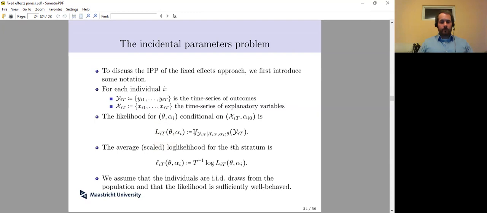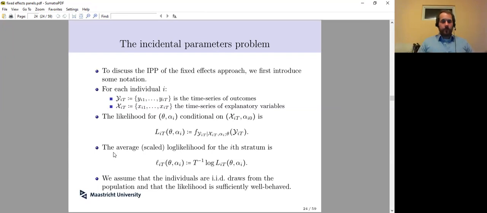So we know the density of Y conditional on the Xs and the alpha. And what we want to find out is this parameter theta here. Okay. Then we take the log of this thing and we scale everything by a factor 1/T. This gives us the scaled log likelihood. Okay, this is only notation.